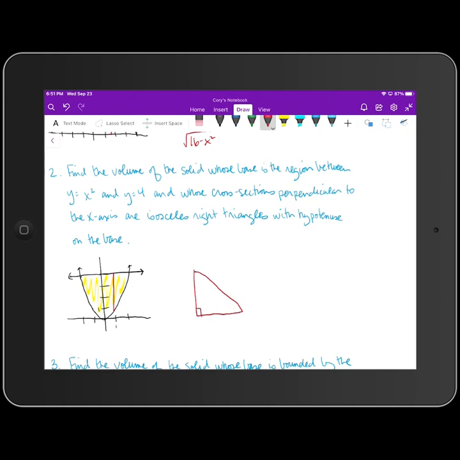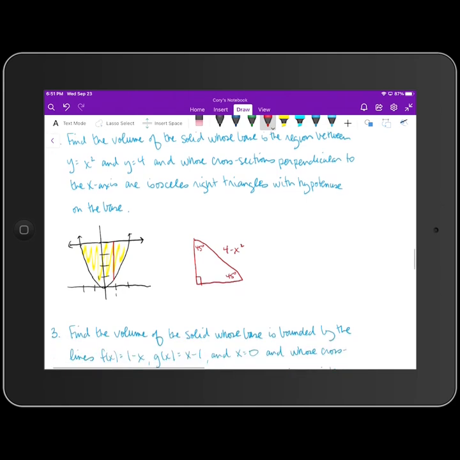Okay, and when we say an isosceles right triangle, that's another way of describing a 45, 45, 90 triangle. Now, the measurement that we know in that triangle is the length of the hypotenuse, and the length of the hypotenuse is going to be the top function 4 minus the bottom function x squared.